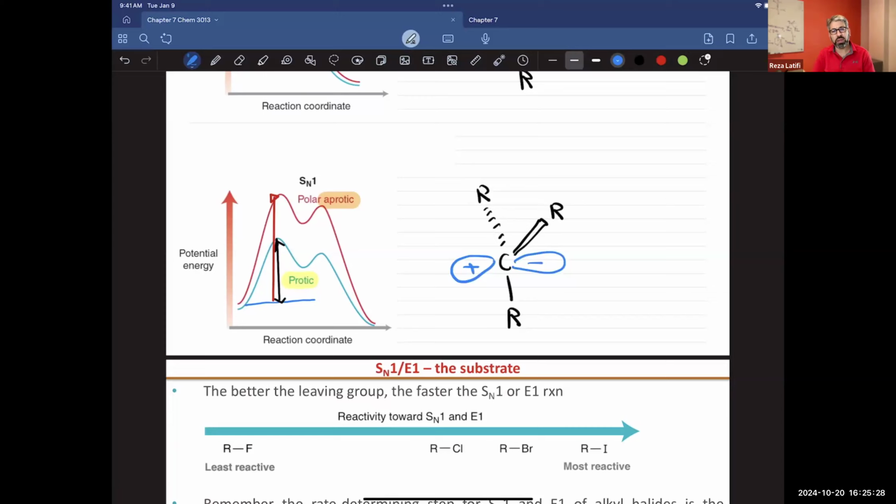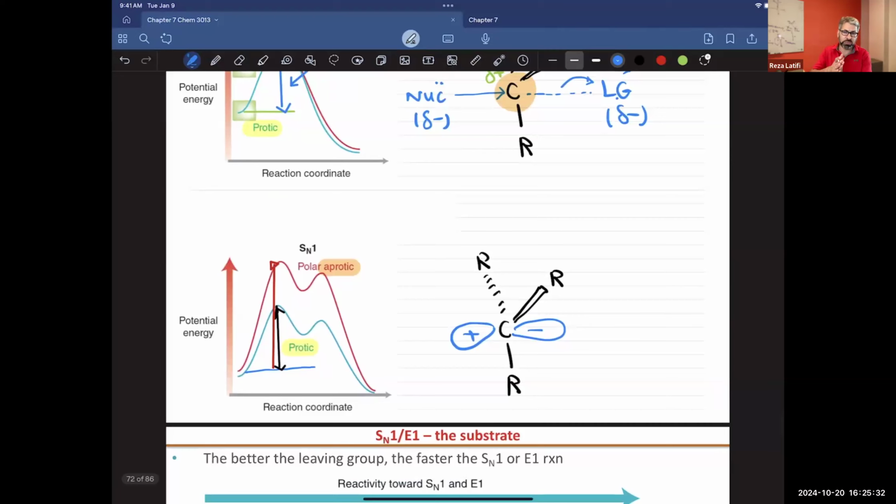As you see, this one is completely planar. I can connect those 2, and if I connect them, I will get a plane, and I have a p orbital up and down, on the right and left side of the carbocation.